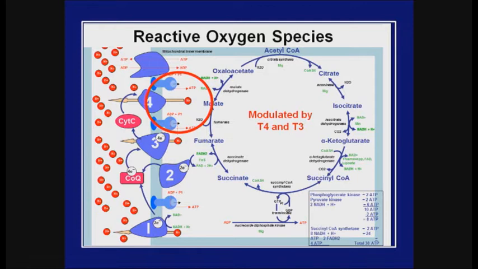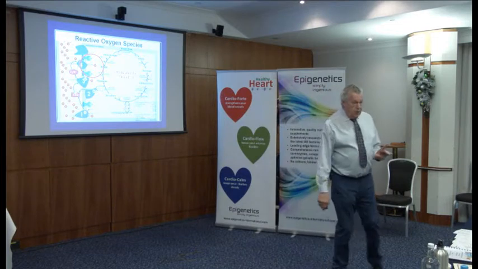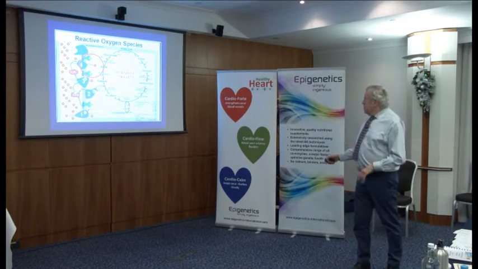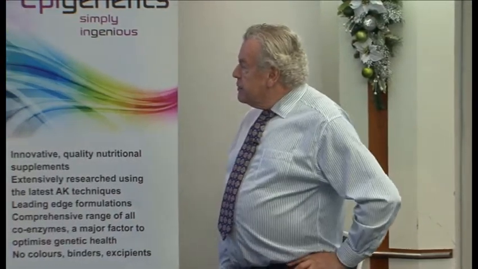Now, the point from a functional point of view and our interest is if these electrons don't go on in one go, but go on singly or univalently as it's called, we end up with reactive oxygen species. And this is how we make reactive oxygen species. Sometimes these are called free radicals, but not all reactive oxygen species are free radicals, but they're all reactive and stimulate inflammation.